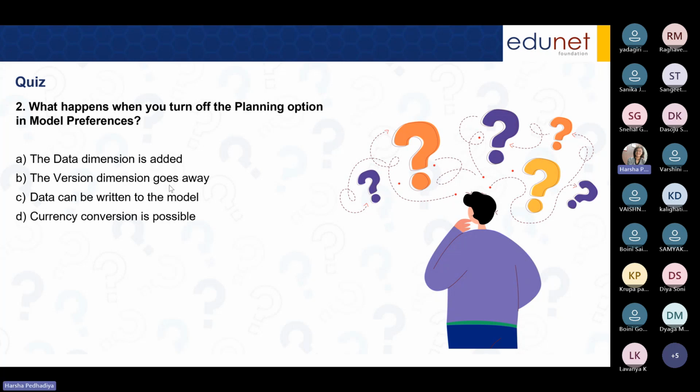Yeah, B is the answer. The version dimension goes away. See, date you can delete, but version is required in planning model. So the version dimension goes away.